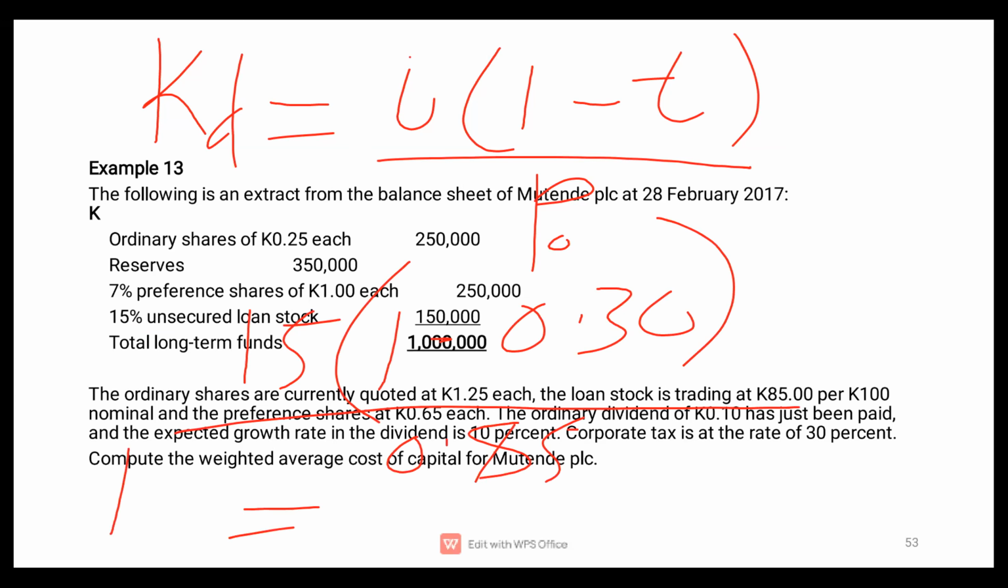So what is the cost of debt? 12.35. So you can say 12.4% as the cost of debt, right?